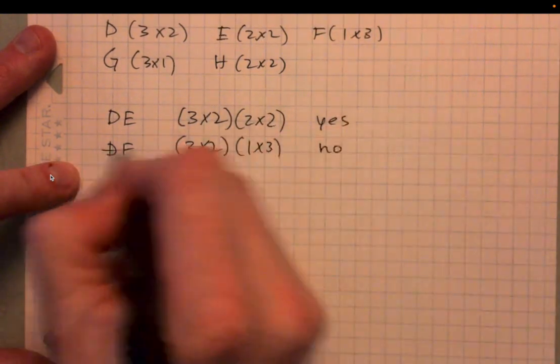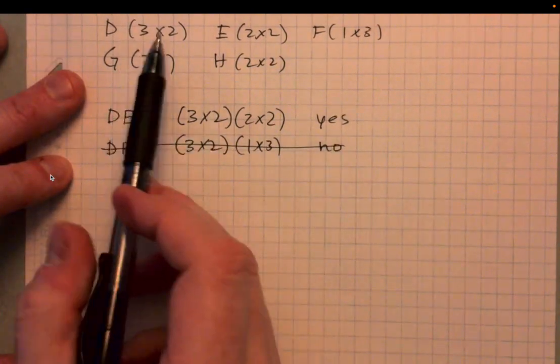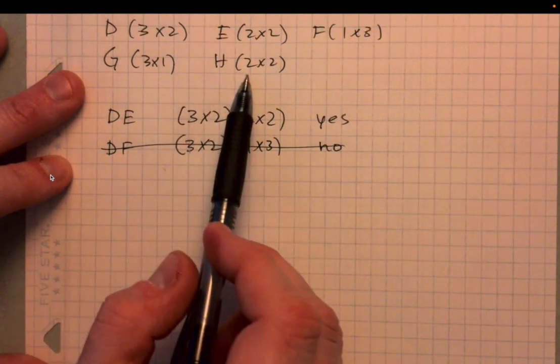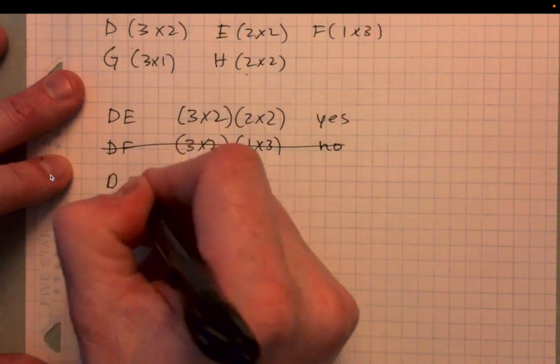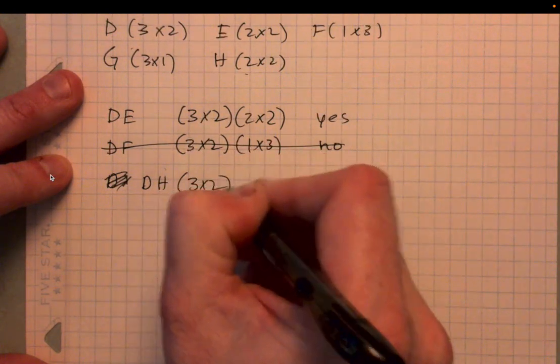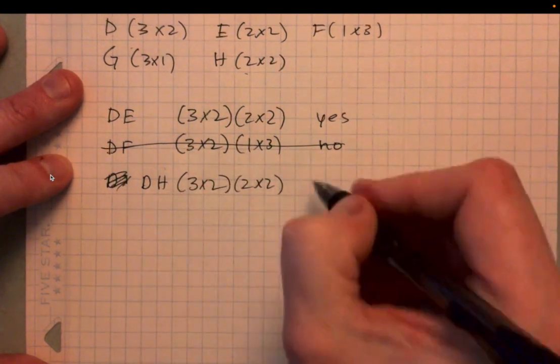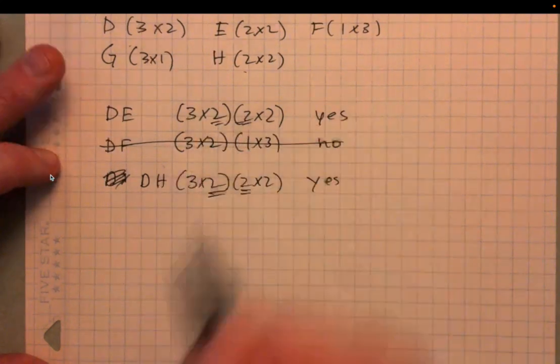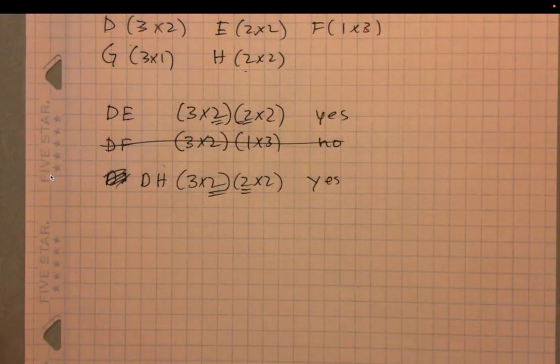That's a no. What about D and G? 3 by 2, 3 by 1? No. What about D and H? 3 by 2 and a 2 by 2? Yeah, that works. Right? These match. Okay, so DE and DH work.